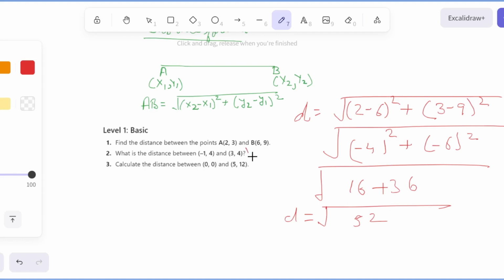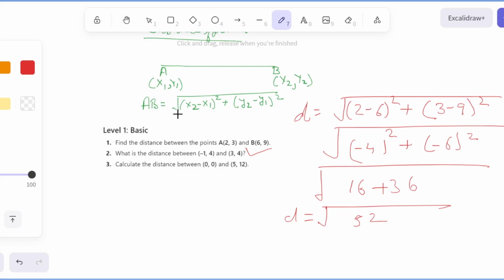Can you do the next one? What is the distance between minus 1, 4 and 3, 4? The formula says you have to subtract the x coordinates, square it, add the difference of the y coordinates squared, and take the square root of that.